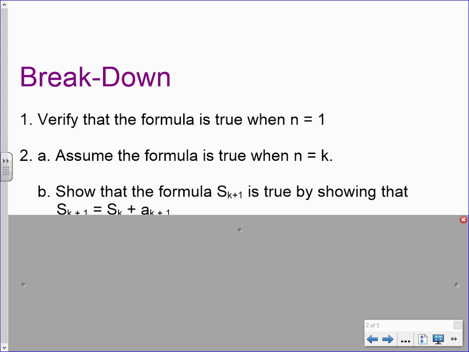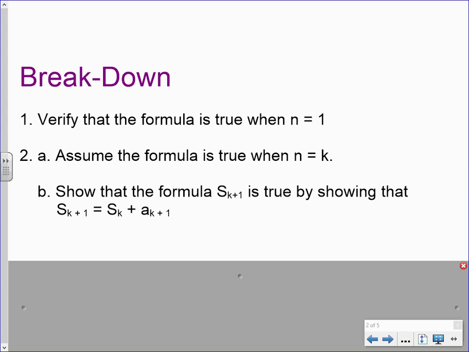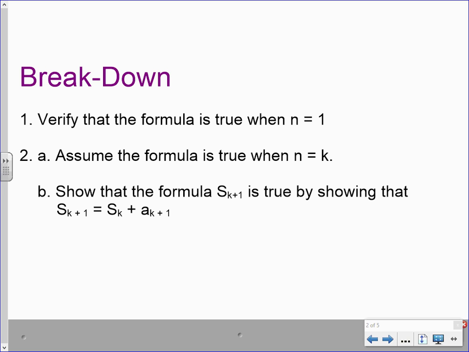Then we're going to show that the formula for the k plus 1 sum is true by using the fact that the sum of the k plus 1 terms is the sum of the first k terms plus the k plus 1 term.